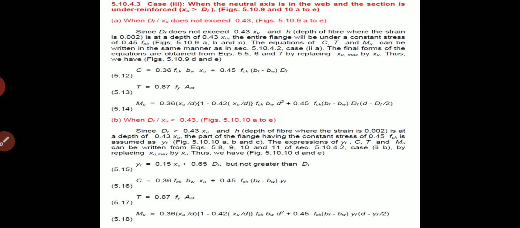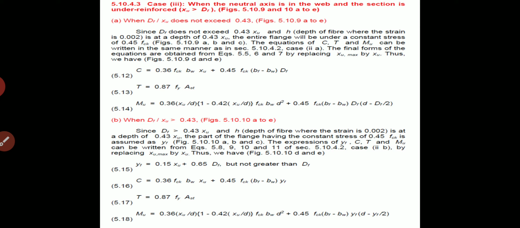Tension side equal to 0.87 fy Ast, and ultimate moment 0.36 into Xu upon d, 1 minus 0.42 Xu upon d, into fck into bw into d square plus 0.45 fck bf minus bw into Df into d minus Df by 2.